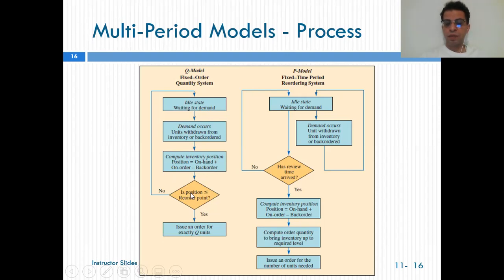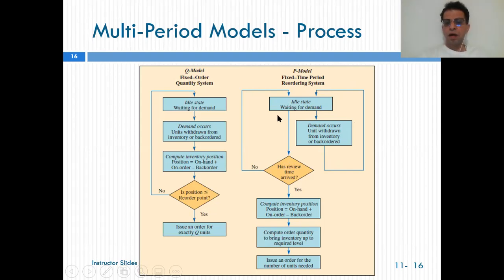If the position is less than or equal to the reorder point, and if yes, issue an order. If no, you go back and do this calculation again and again.